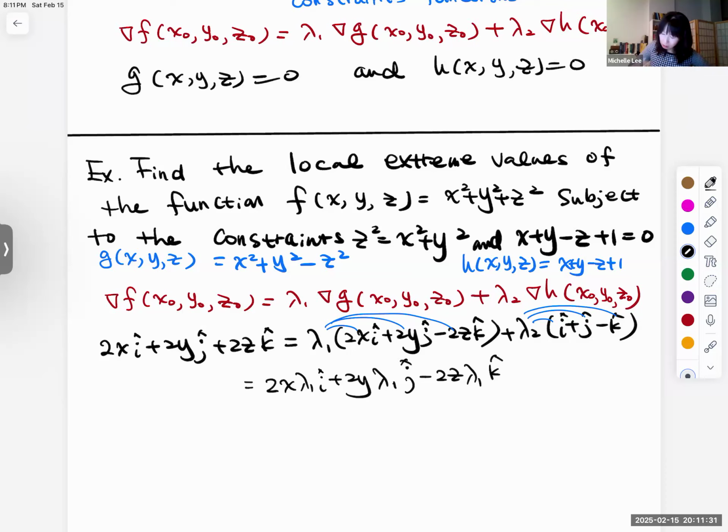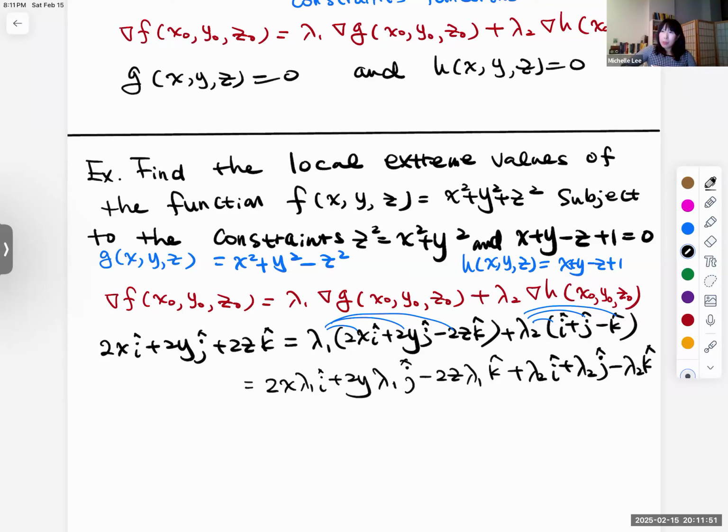The next term is plus lambda 2 i hat plus lambda 2 j hat minus lambda 2 k hat, right?